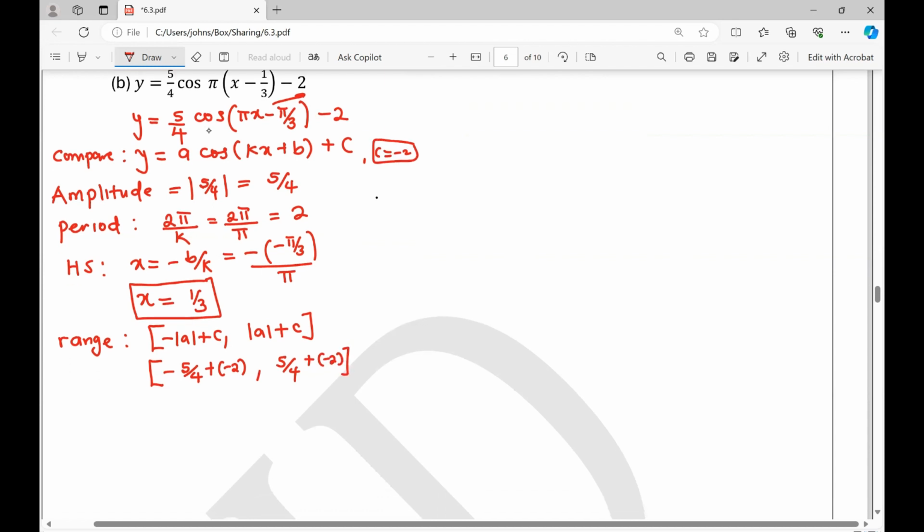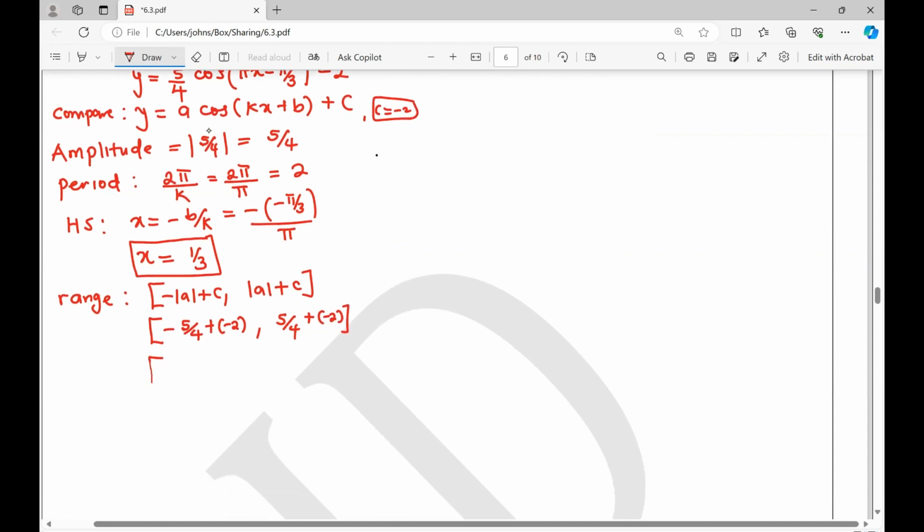It means that here you have minus 5 over 4, minus 8 over 4. So this is minus, I think, 13 over 4, if I'm not mistaken. Yes. And here you have 5 over 4 minus 2, right? So you have 5 minus 8, so this is going to be minus 3 over 4.